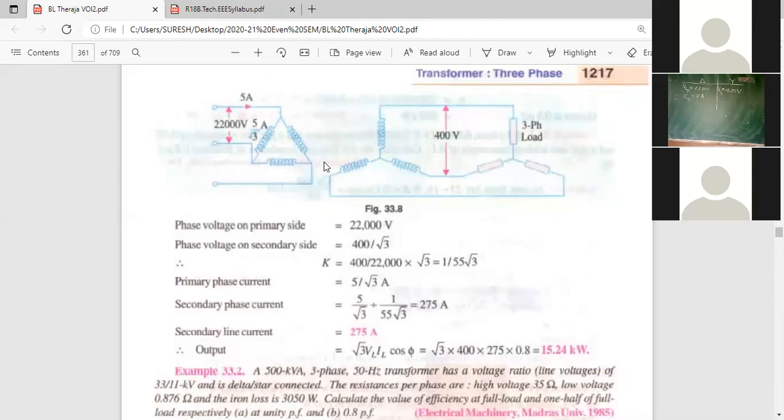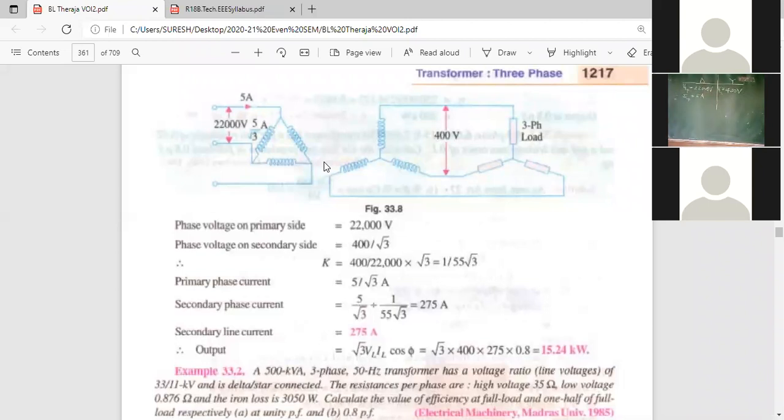Okay. Now see, in the problem, what is the primary voltage? 2200. But they have written 22,000, that is wrong. Take down 22,000.